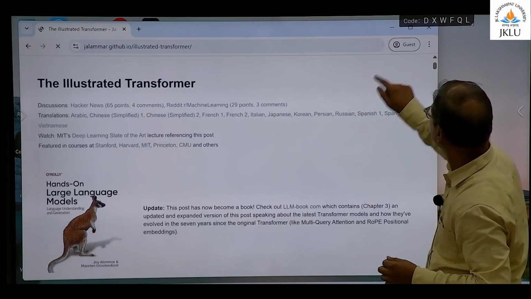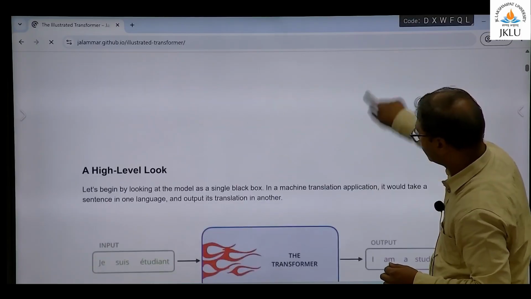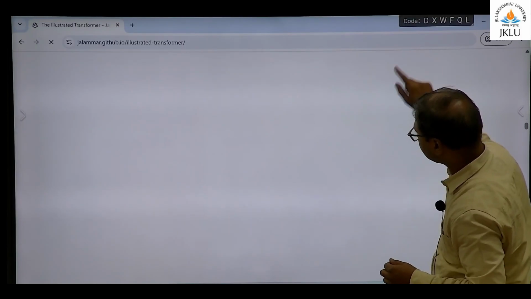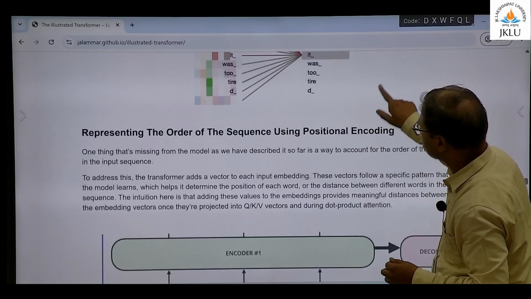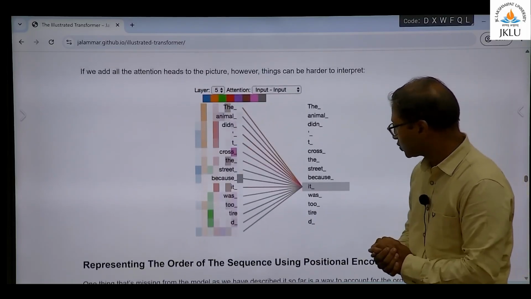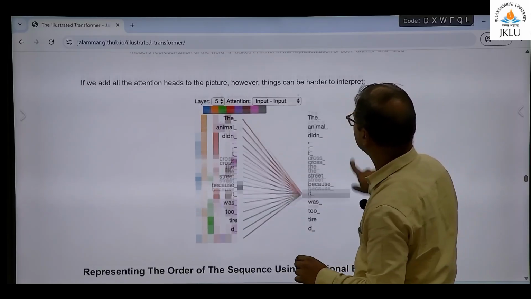Now if you see here, just go through this blog as well. Yes, this is an important thing. So now, no, not this one, this one.